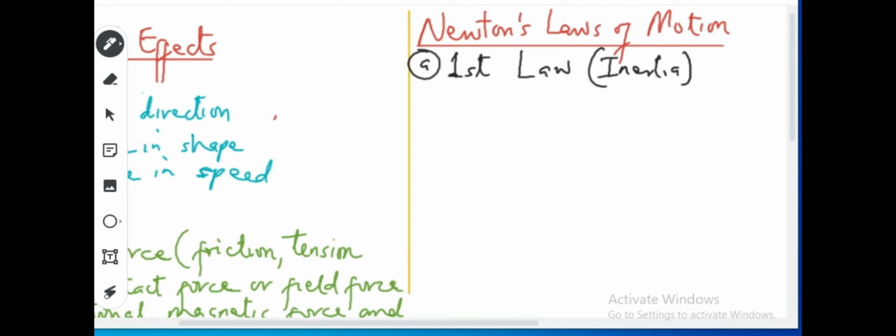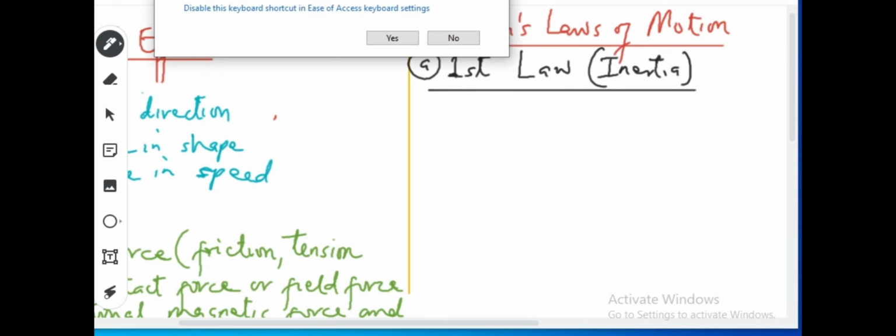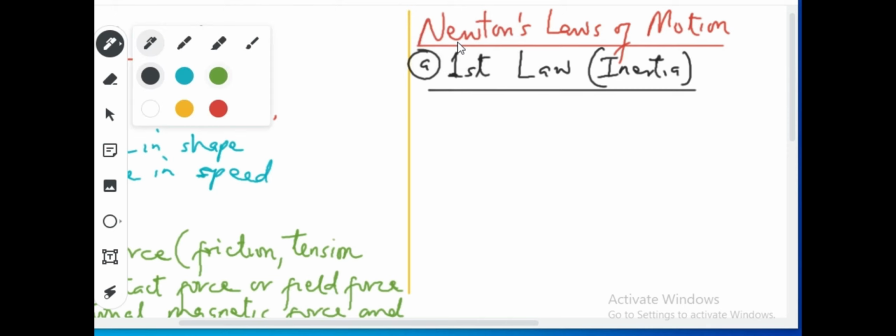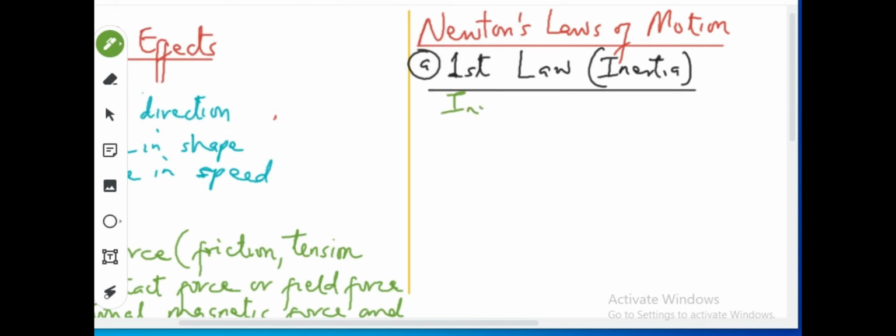And of course, inertia is affected by the mass of the object. First law is about what? Inertia. Okay, inertia is affected by the mass. Inertia is resistance to what? Rest or uniform motion. Uniform motion is a motion at a constant speed.